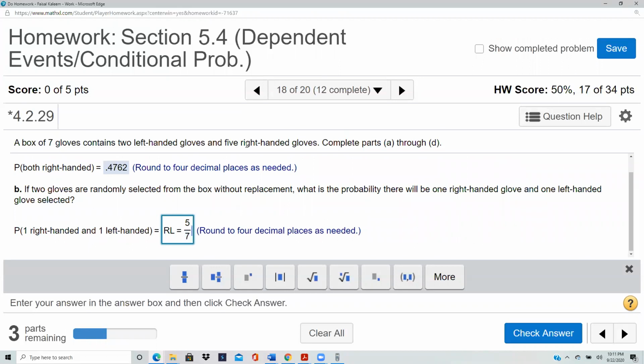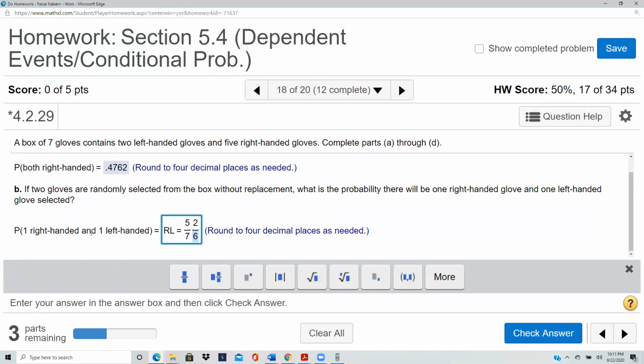And the second left-handed, we have 2 left-handed, and we divide by 6. But that's not what we want. This is the probability of the first right-handed and second left-handed. What we want is one right-handed and one left-handed.